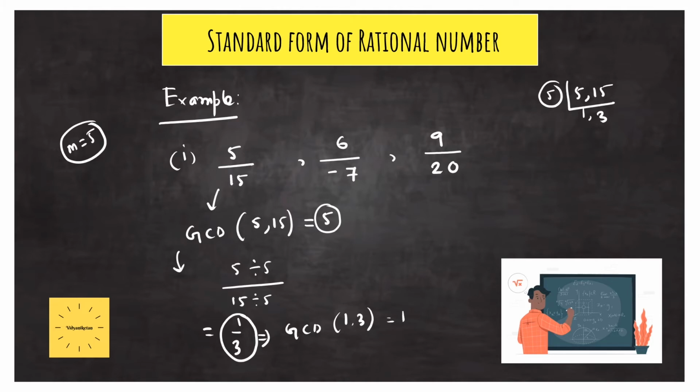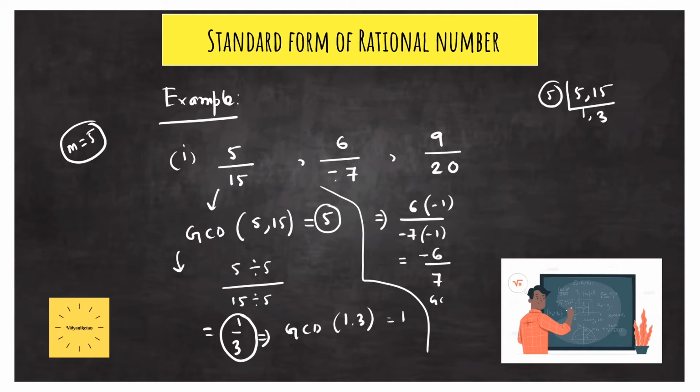Now for the second part, for 6 by minus 7, we have already discussed that in the denominator the sign must be positive. So this minus sign must not be there. To make it standard form, we need to multiply it. So 6 into minus 1 divided by minus 7 into minus 1. So we are getting minus 6 divided by 7. And also GCD of 6 and 7 is 1.